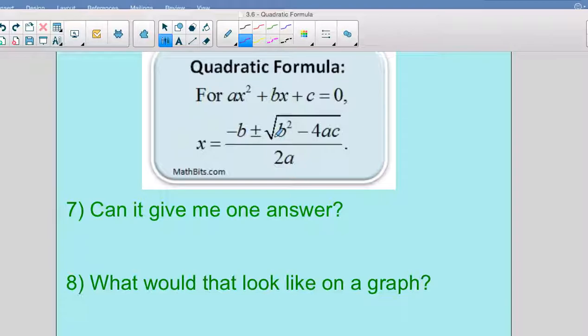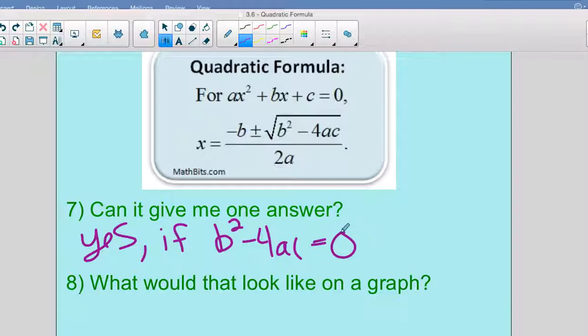So it is possible that if b squared minus 4ac was 0, you could have only one answer, or one x-intercept, or one root, or one zero. Right, so yes, if b squared minus 4ac equaled 0.